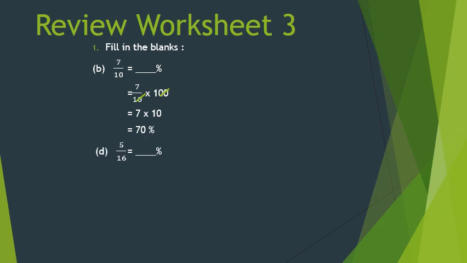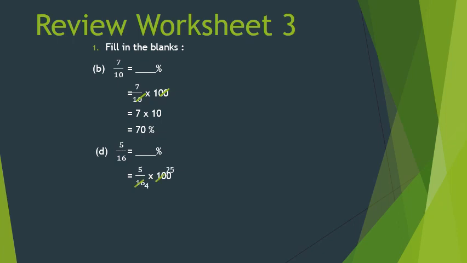Now, let's move to the D part. Here, the fraction is 5 upon 16 and you have to change this fraction into percentage. So, again, we are going to multiply this fraction by 100 in order to change it into percentage. So 5 upon 16 multiplied by 100. Now we can divide the denominator 16 and the numerator 100 by common number 4.